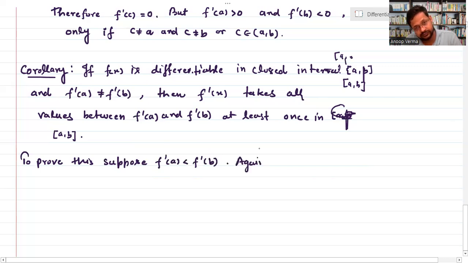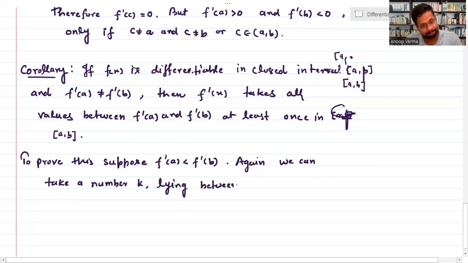So again, we can take a number K lying between this point, between this f dash A and this f dash B. You can have f dash A is less than K and f dash B is greater than K.